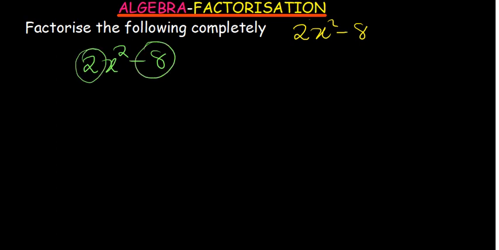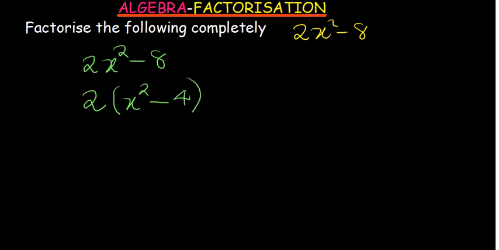Okay, that is going to be a 2. And then here we are going to remain with x squared minus, and 2 into 8 is 4. And again, 4 can be written as a square.